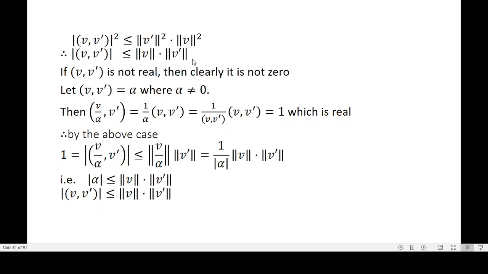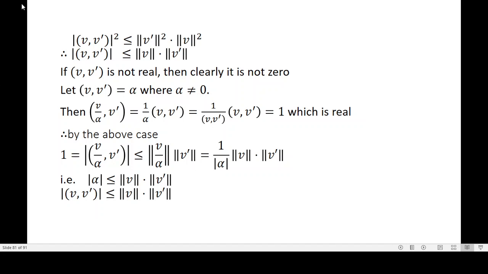So let us make use of this. So we have 1 is equal to the inner product of v by alpha comma v dash, that is less than or equal to, make use of this, norm of v by alpha into norm v dash.